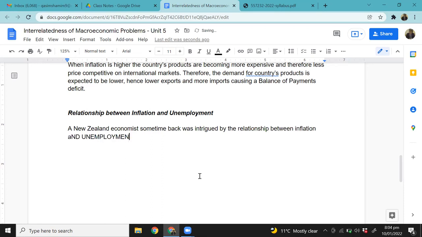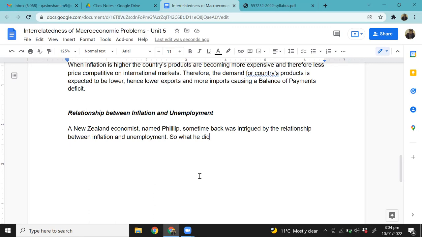So what this economist did, I am about to explain to you. His name was Phillips, right? That's why it's called the Phillips curve. A New Zealand economist named Phillips sometime back was intrigued by the relationship between inflation and unemployment.